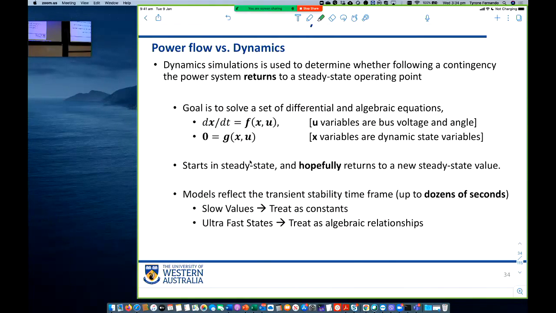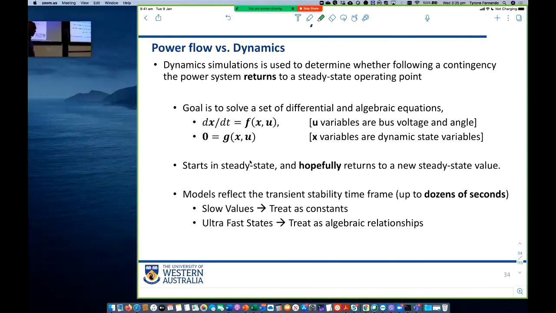So if we want to mathematically model an entire network, we will have differential and algebraic equations. That's what that is saying. Of course, if the system has reached steady state, then dx/dt would be 0, and f(x,u) equal to 0, g(x,u) equal to 0 is the load flow solution that we did previously, right?